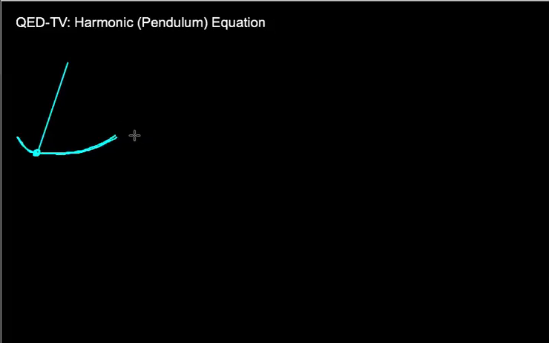And if we measure from one point all the way over to the other and then back, we call that the period of the pendulum, and that is measured in seconds.